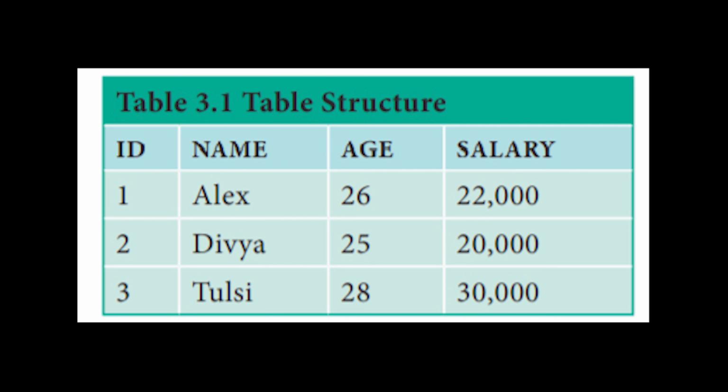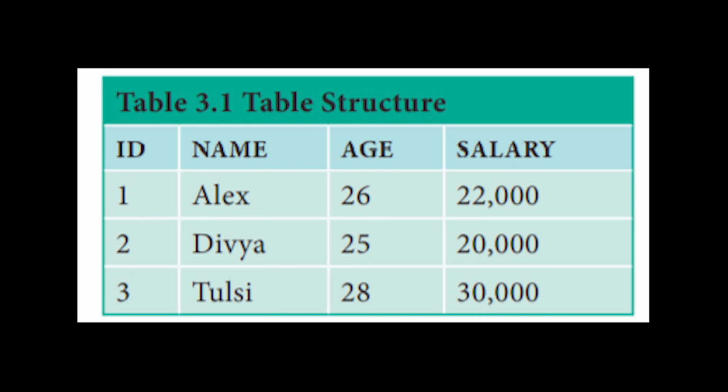And a single entry in a table is called a row. This row can be called a record or a tuple also. Understood? See in this table, ID is a column, name, Alex, Divya, this is a column. Row means one row. The first row is ID, name, age, salary. This is the first row. And the second row has the details of Alex.